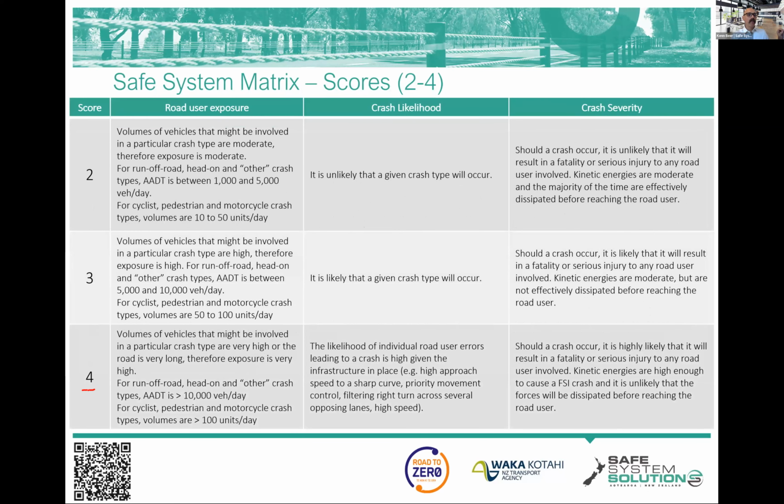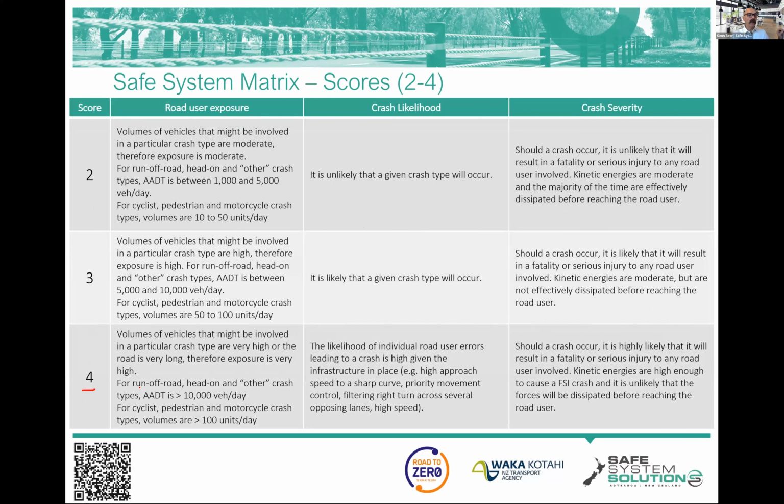And you can see there at a 4, it says here, volumes of vehicles that might be involved in a particular crash type are very high, or the road is very long. Therefore, exposure is very high.